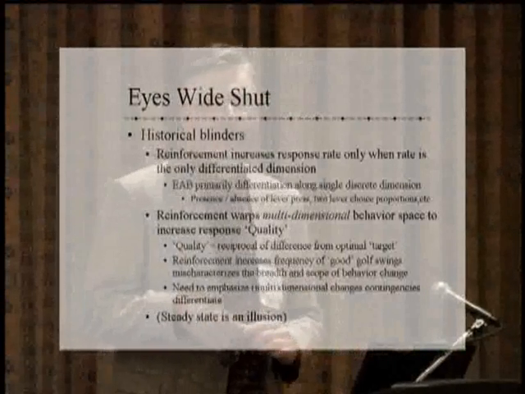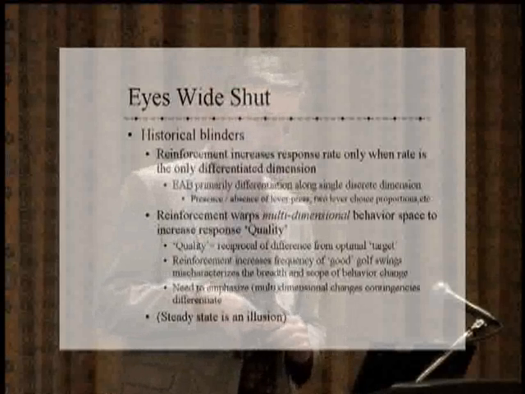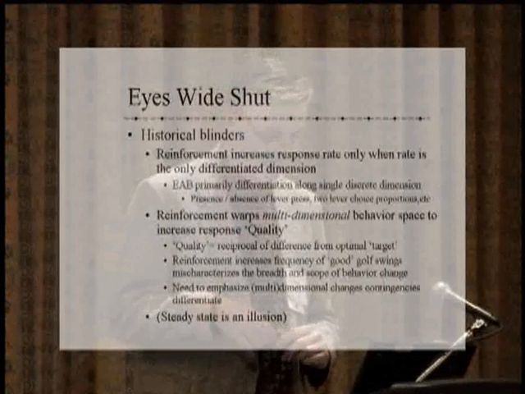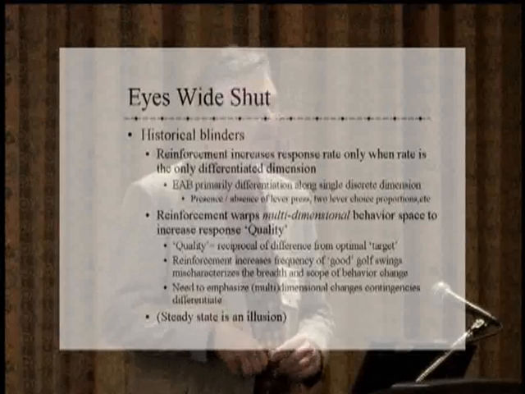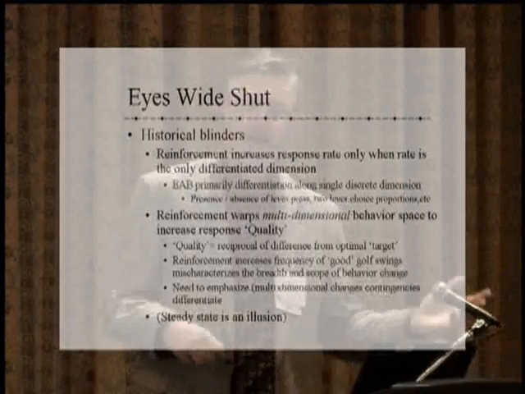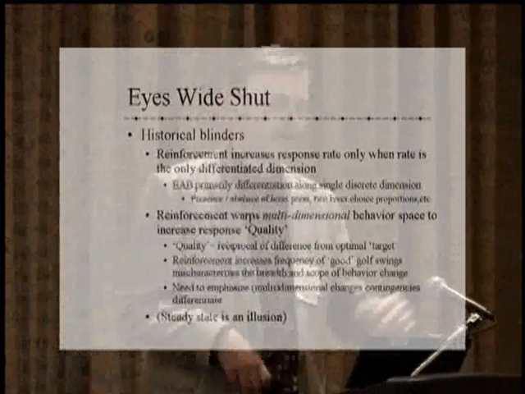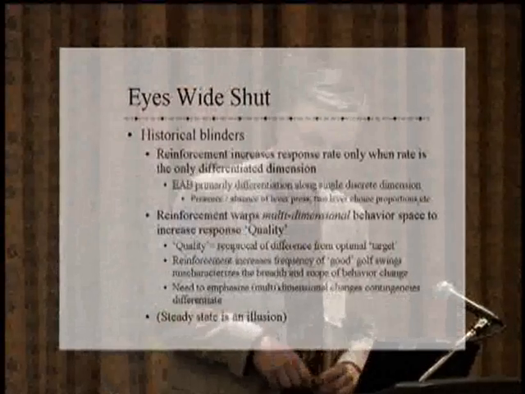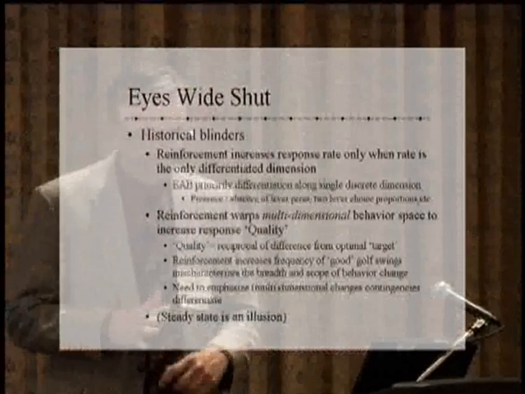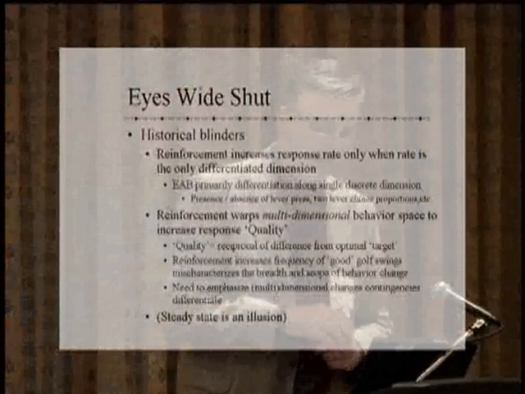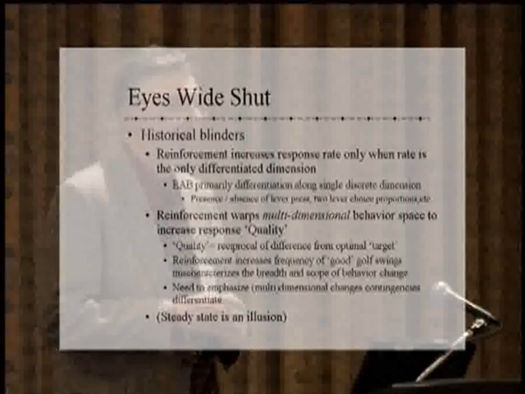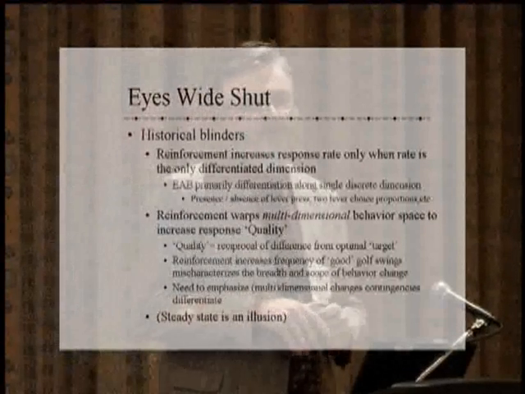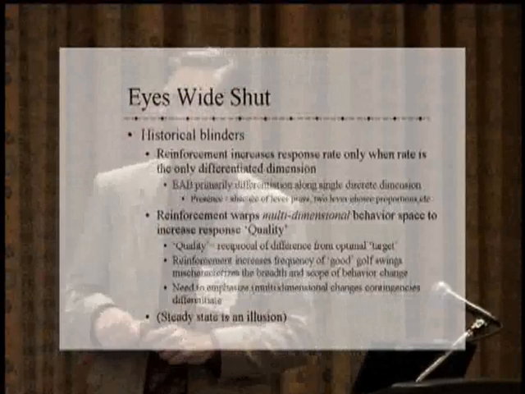Experimental analysis of behavior has historically primarily differentiated along single discrete dimensions: the presence or absence of a lever press, or pressing a lever in one location or another location in terms of choice. In fact, I much prefer Peter Killeen's notion of reinforcement.